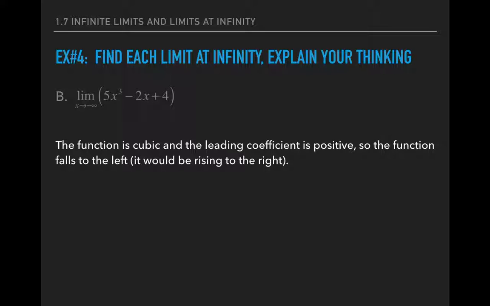So it's going to fall to the left, which is what we're concerned with, and it would be growing to the right. Which means if you're looking way out towards negative infinity, in this case, because of our leading coefficient, it will also be negative infinity.